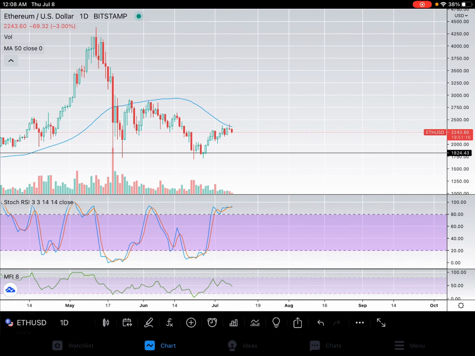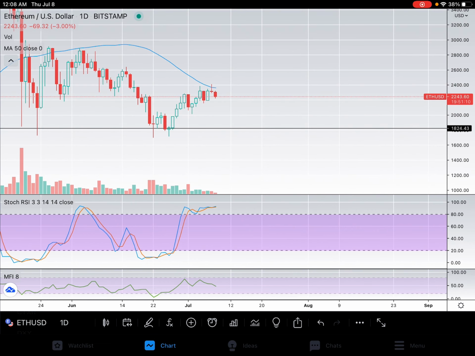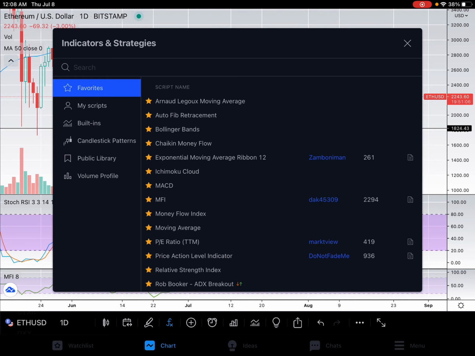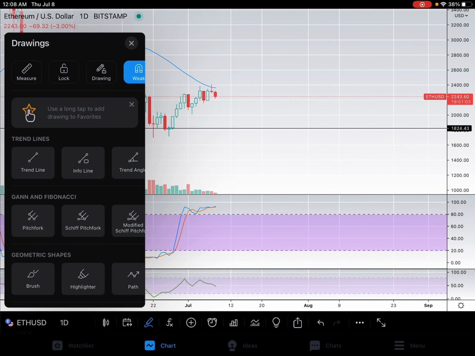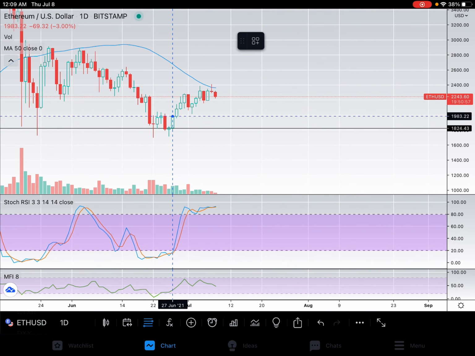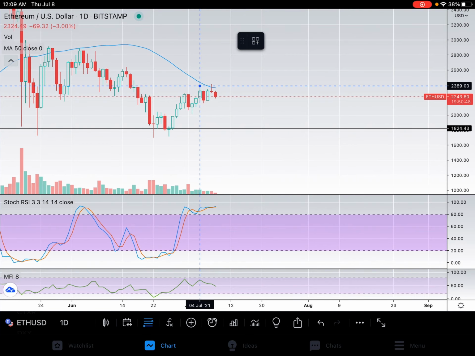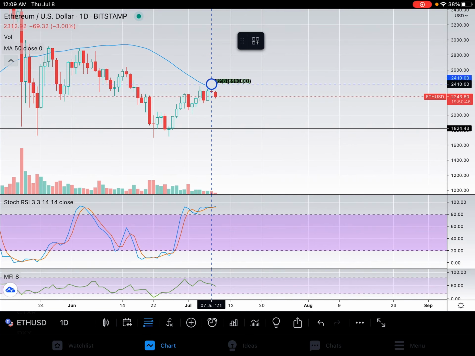Let's see. If we do some fib retracements right now, this is me just kind of guessing, but let's see. So we could use this as a, it's hard to see it, but this could be a wave one.